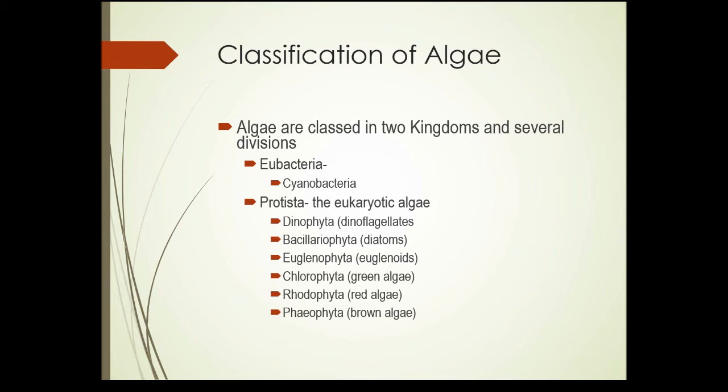And that includes the Dinophyta, which are the dinoflagellates, Bacillariophyta, which are the diatoms, we'll take a closer look at later, Euglenophyta, which are the euglenoids, again we'll take a closer look at, and then the three more common types of algae, the Chlorophyta, which are the green algae, the Rhodophyta, which are the reds, and the Phaeophyta, which are the brown algae.